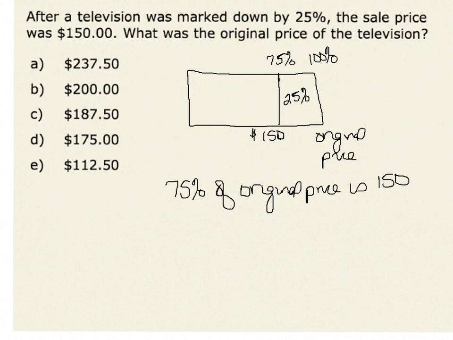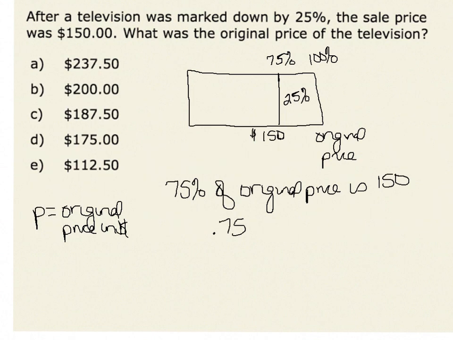So one way that I can solve this problem is I can translate my sentence into an algebraic equation. 75% is represented as 0.75 of my original price. So let's call that variable P, my original price of my television in dollars.